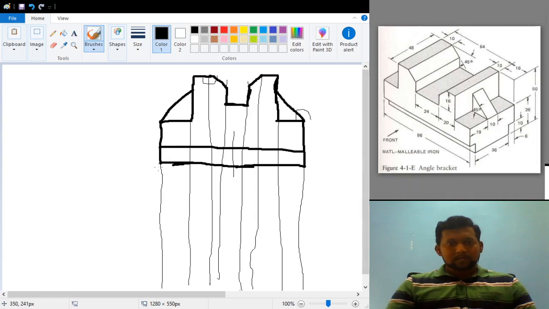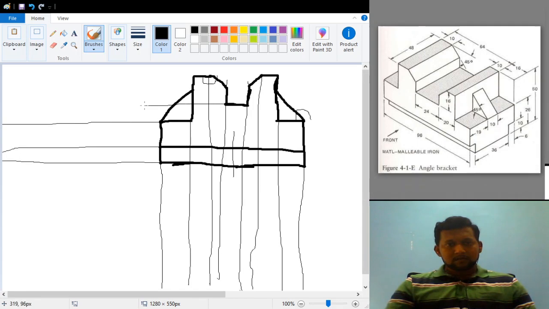Okay, similarly I will draw the lines for the side view also. By this time I hope you have understood why I am drawing the lines to the left side. Because I have to draw the right hand side view on the left side of the front view. So I have to take the projection lines from each and every line over here.